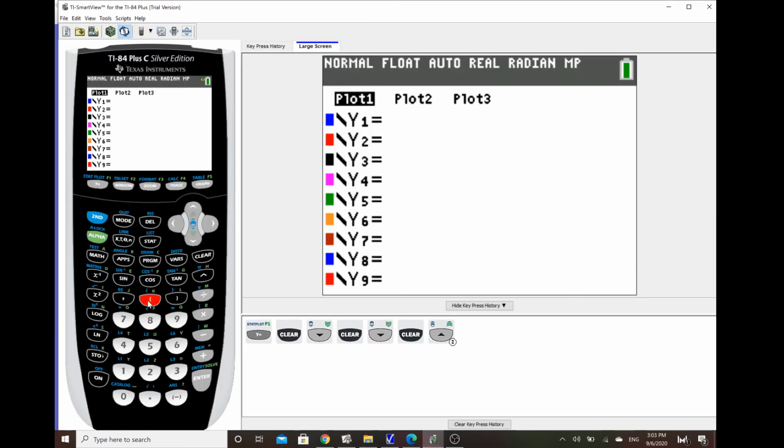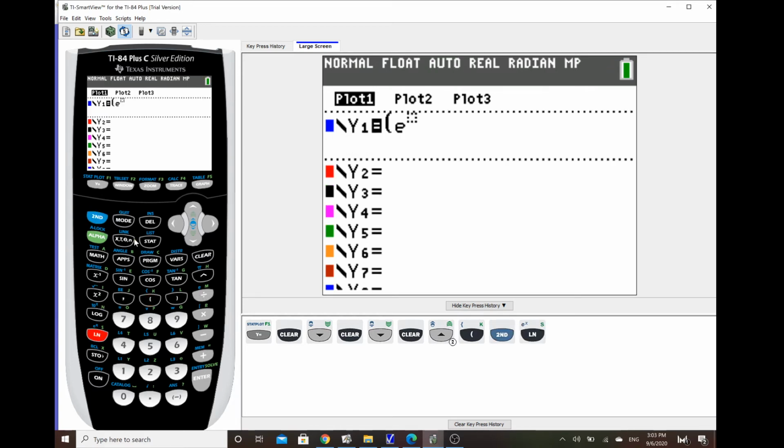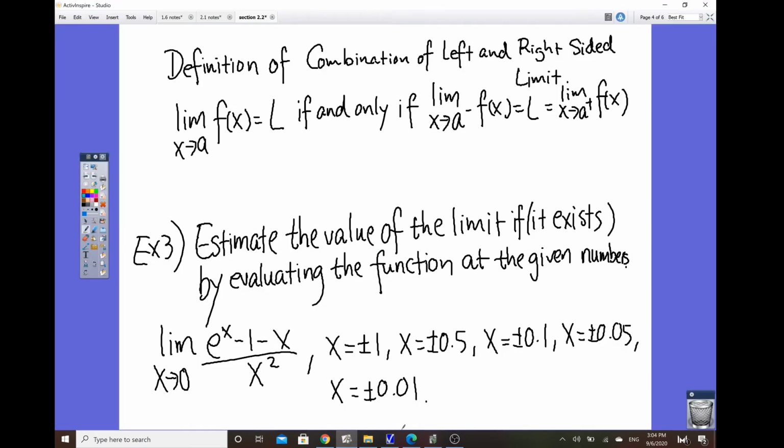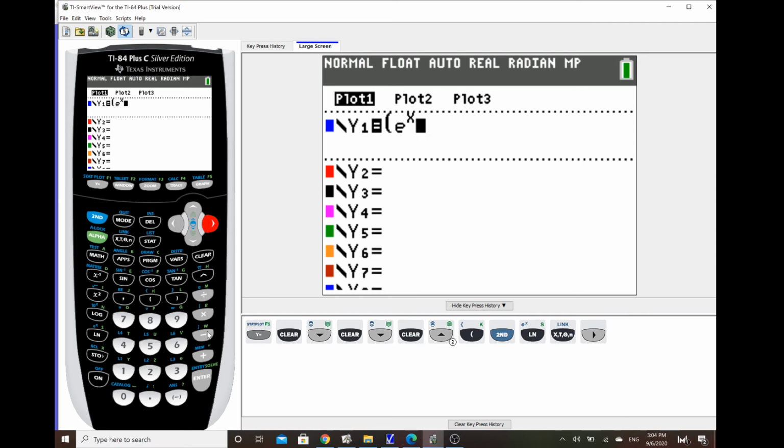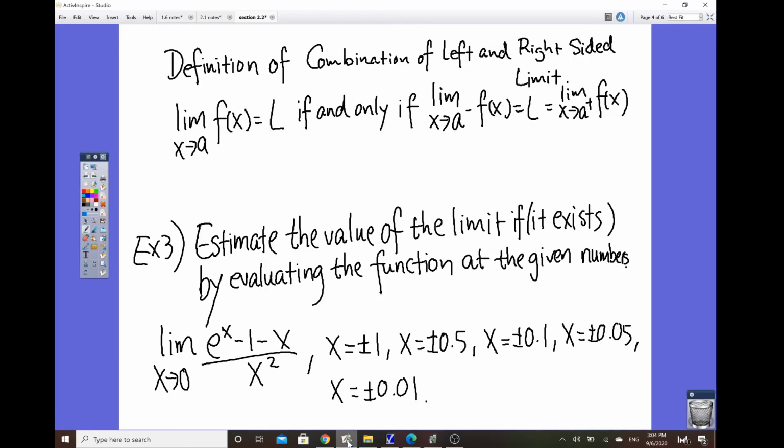So the quantity, parentheses, second, and then e to the power of x, minus 1 minus x, and then it's all over just x squared.